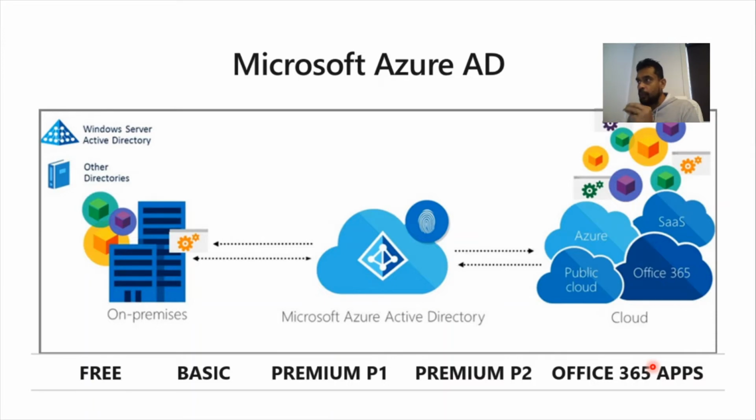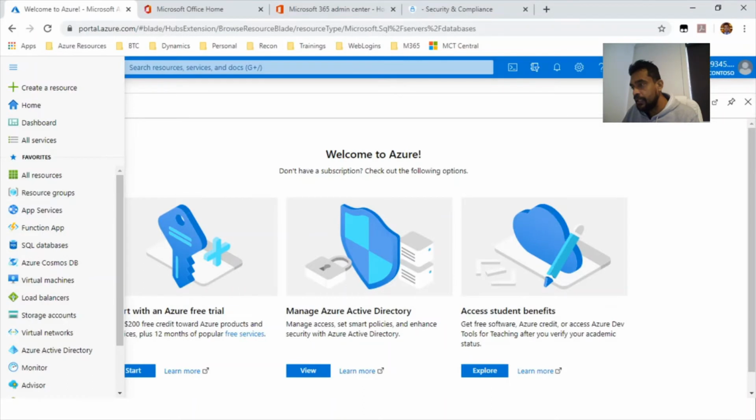I think in 2017 they released it. It is a combination of Office 365, Windows 10 Enterprise, and EMS, which is Enterprise Mobility and Security. Under this, they offer additional products like Intune, a mobile device management tool that comes within Azure.